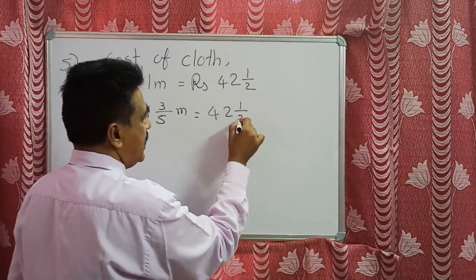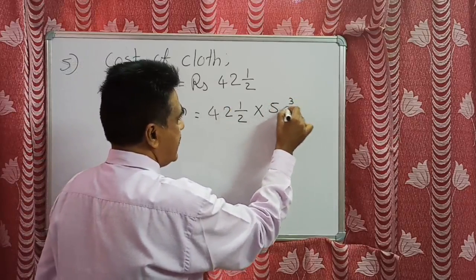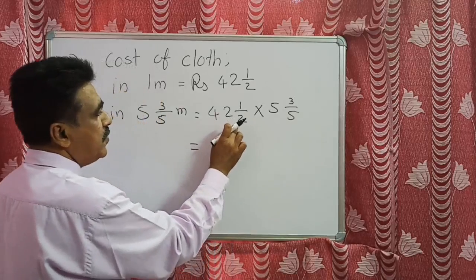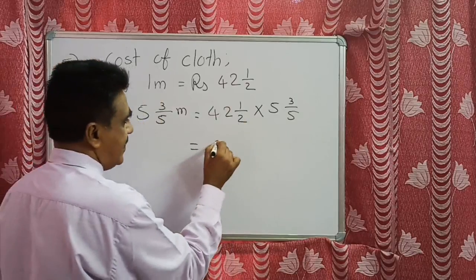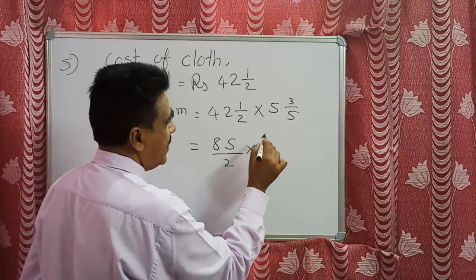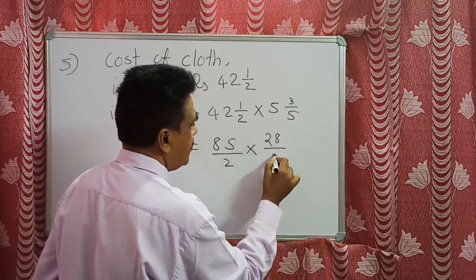42 1/2 multiply 3/5. 42 into 2 plus 1, that is 85/2 multiply 3/5.